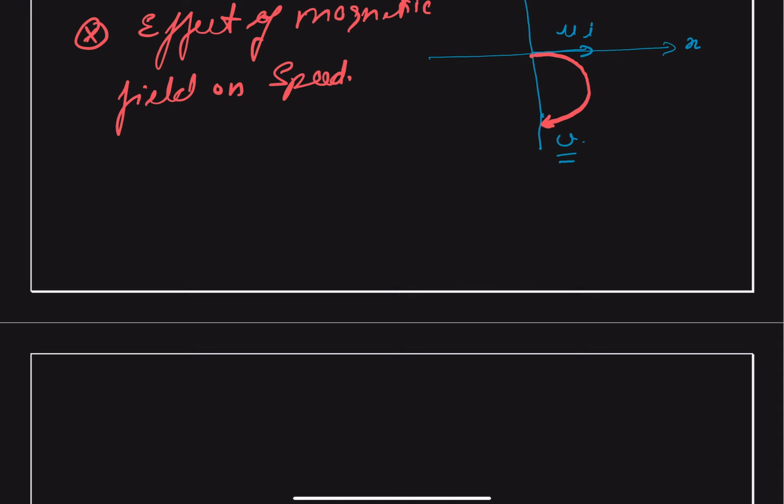The force that will be acting on this particle will always be perpendicular to the velocity. So we know the magnetic force is always perpendicular to our velocity.